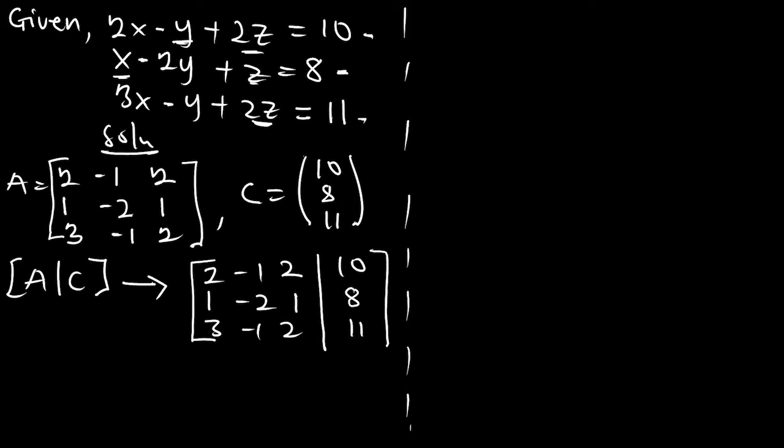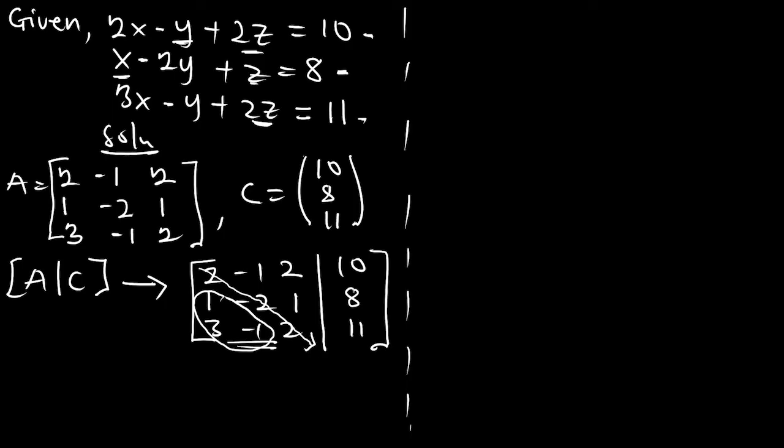Okay, so now I have it this way. I have to try and convert this matrix into an upper triangular matrix, which means everything on this principal diagonal is going to be 1, and everything below it is going to be 0. Are you okay? So that's how I can solve it.